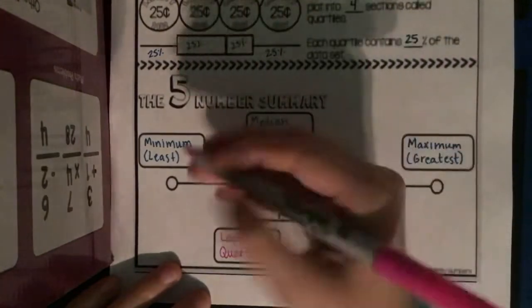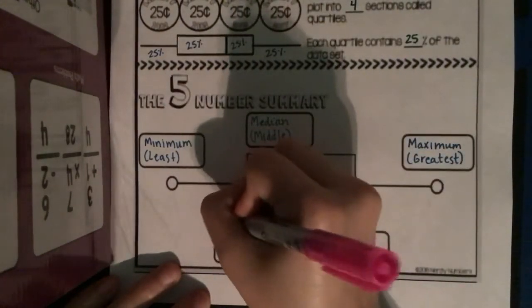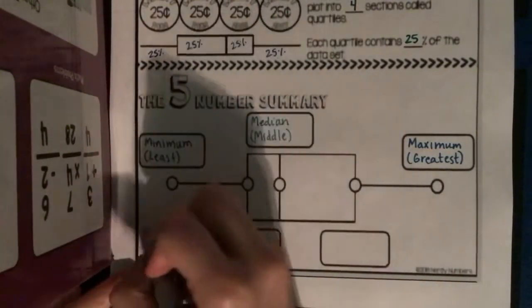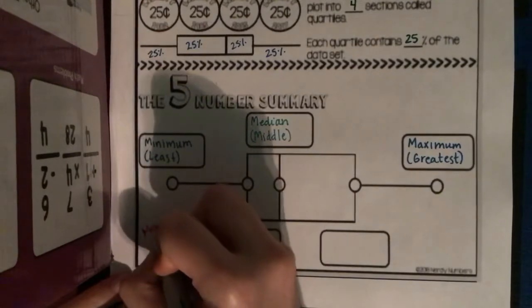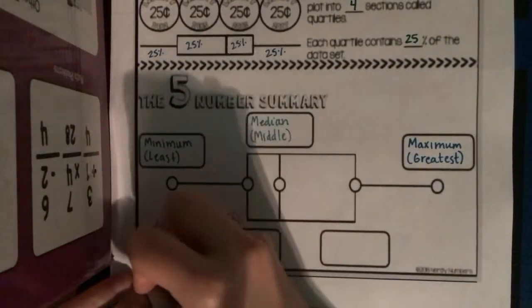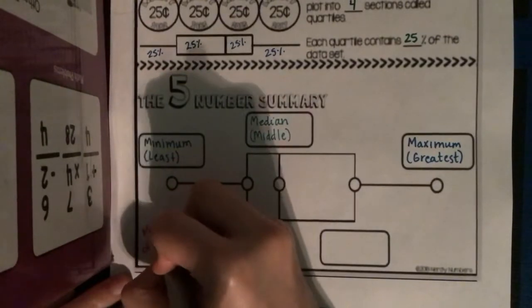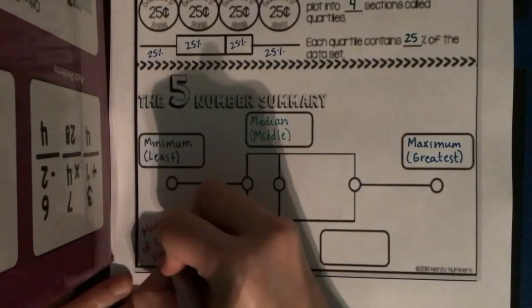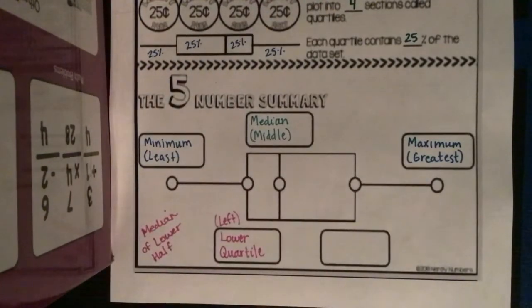Think lower, left side of the box. The lower quartile is the median of the lower half. It might not make sense now, but it will later on.